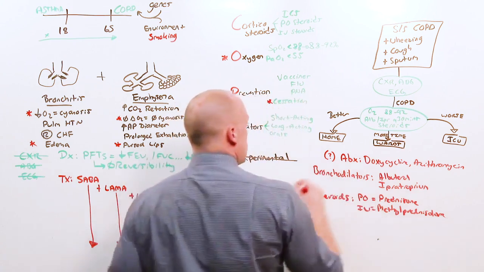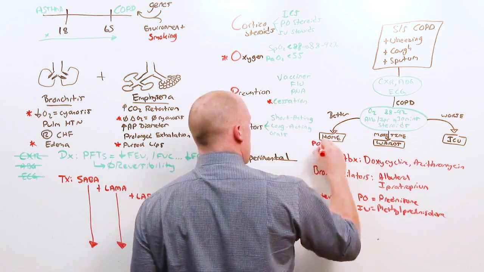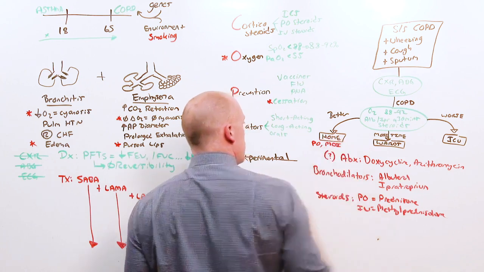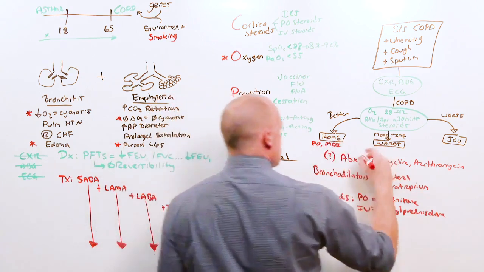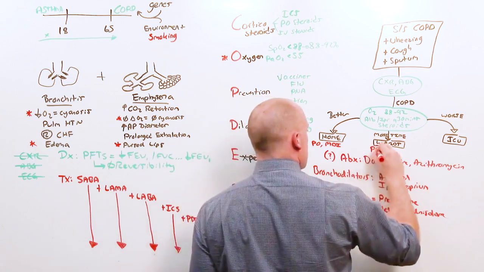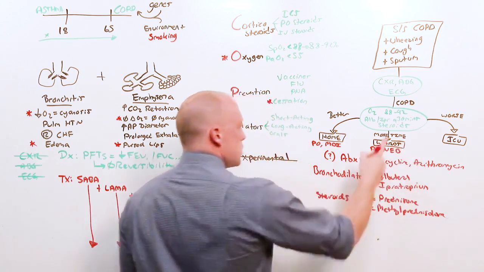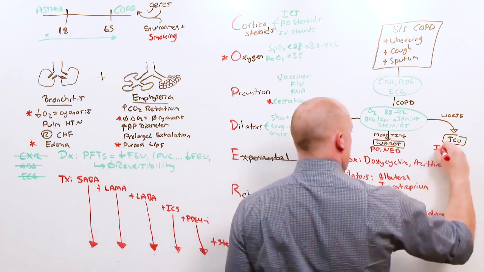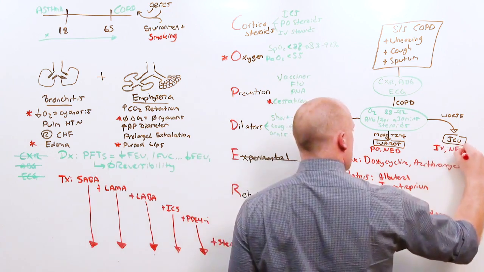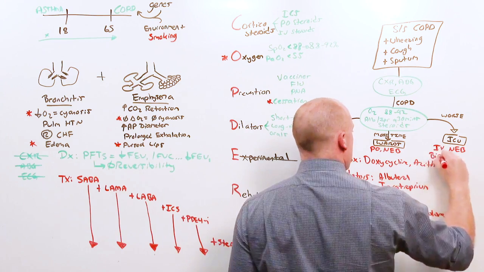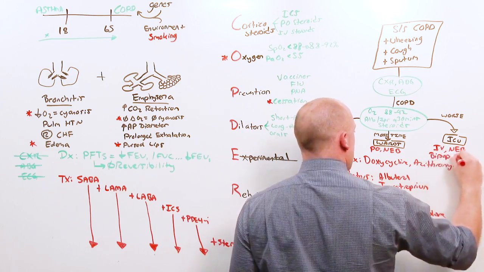The person who goes home gets PO steroids and metered-dose inhalers. The person who goes to the wards can get PO or IV, but generally PO steroids, and nebulized bronchodilators. The person who goes to the ICU is going to get IV steroids, continuous nebulizers, and either BiPAP or an ET tube.